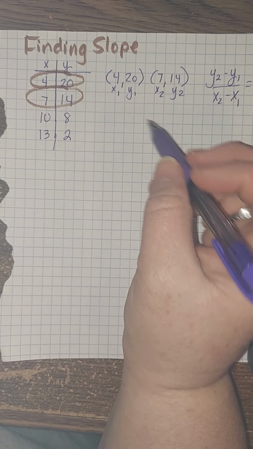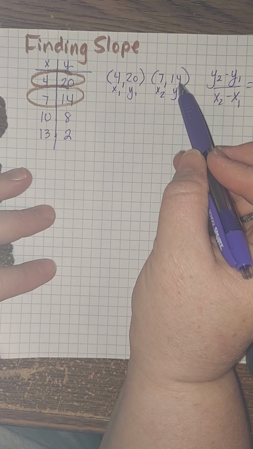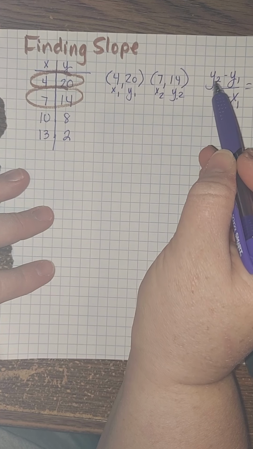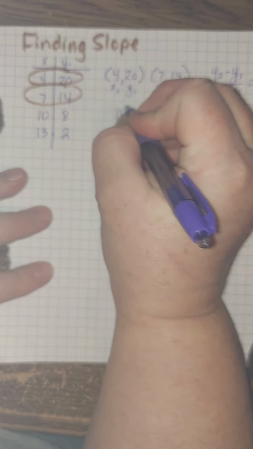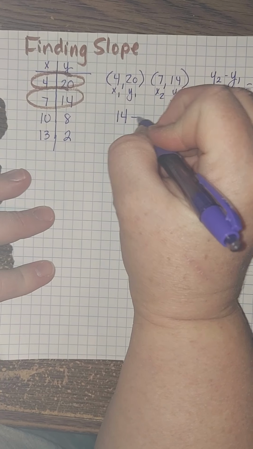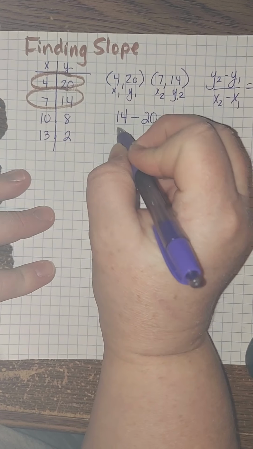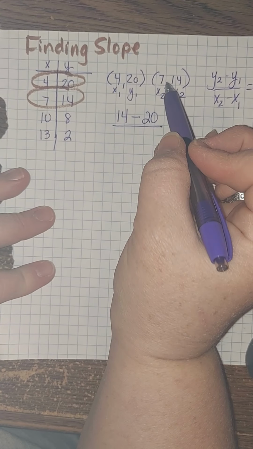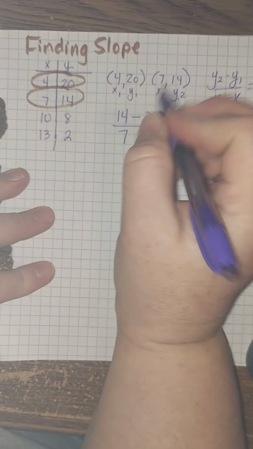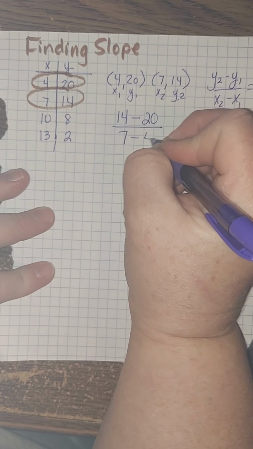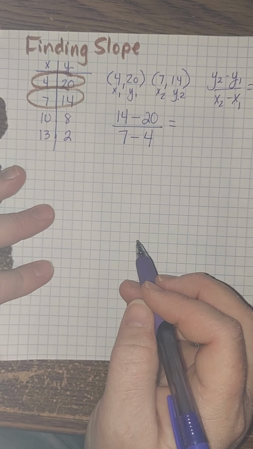Okay, so here we go. Y2 is 14 minus Y1, that's 20, over X2 minus X1.